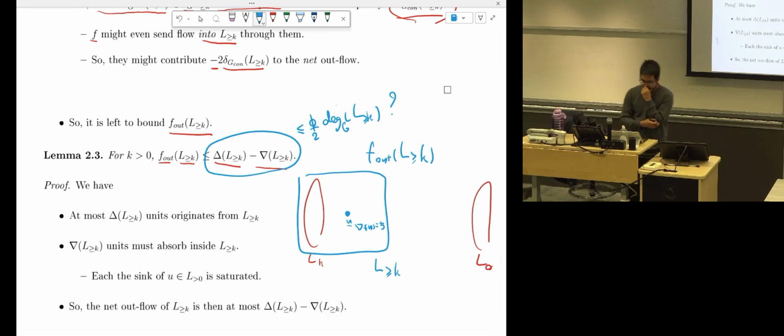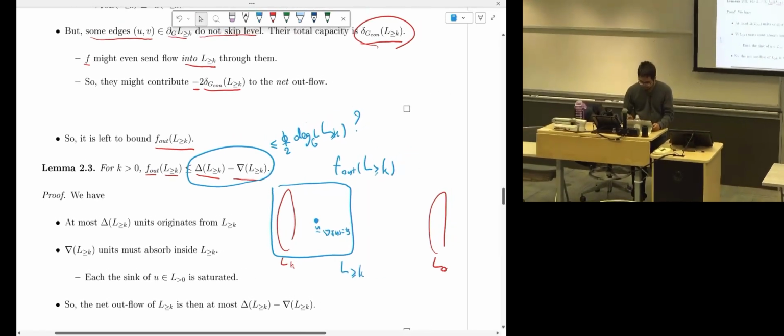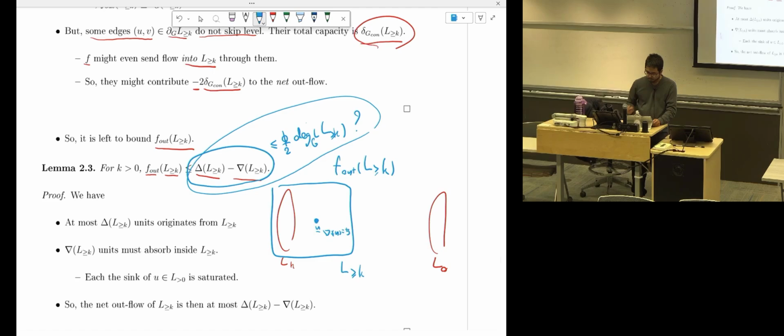Why should this be the case? How big is this?